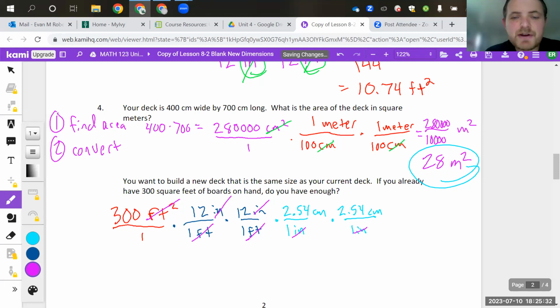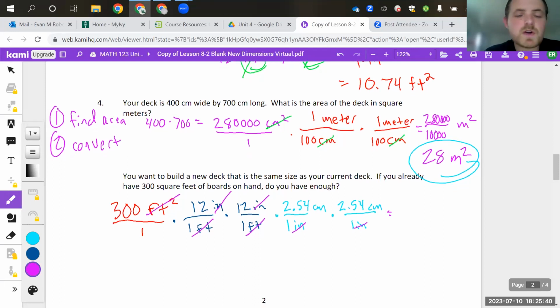And I can just compare it to the 280,000 before we converted it to 28 meters squared. So when I multiply all that out, I get 278709.12 centimeters squared.